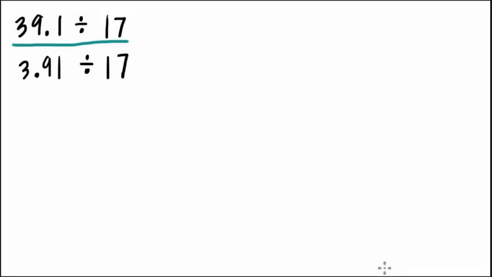So we're working on that one first. And what would you estimate 17 to? We would estimate that to be about what? 20? Okay. So we estimate 17 to be 20, which sounds good.